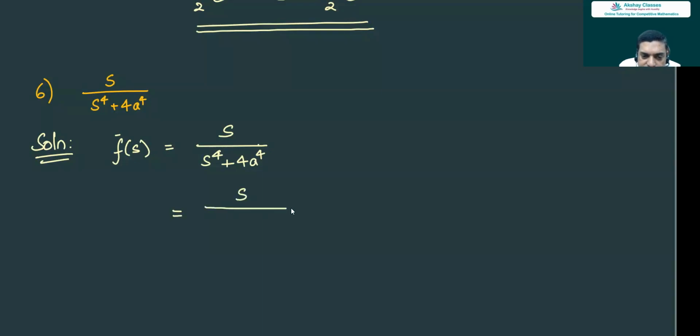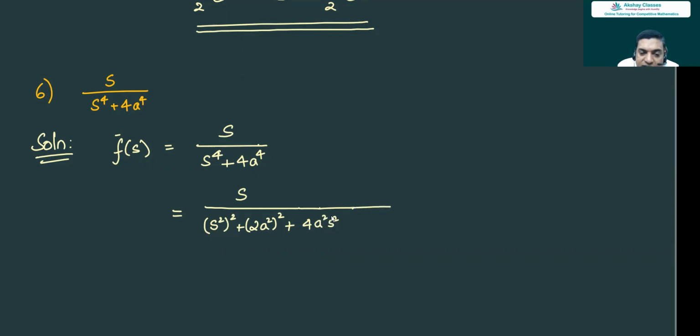This is s by, I will write this as s square the whole square plus 2a square the whole square. Now I will add a term and subtract a term. I will add plus, this is a square plus b square, so I'll add 2ab. 2ab will give me 4, 2 into 2 for a square s square.